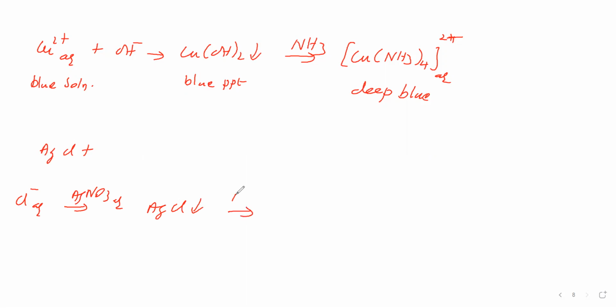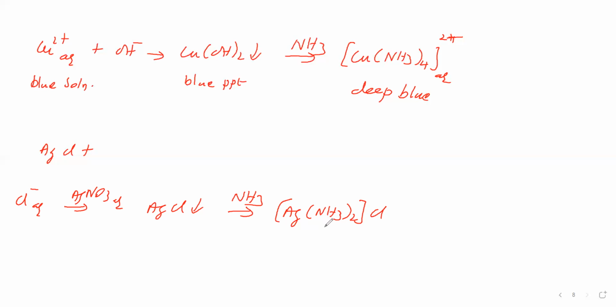This AgCl white precipitate dissolves in ammonia due to formation of a complex. It is a confirmatory test for chloride. We take chloride, add silver nitrate, we get AgCl white precipitate. AgCl white precipitate dissolves in ammonia due to formation of a complex. Okay.